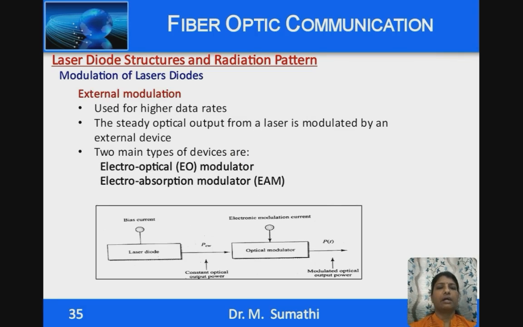In case of high data rates, external modulation is carried out. Here the steady output from the laser is modulated externally by an external device. There are two types of external devices available. One is the electro-optic modulator and the other is the electro-absorption modulator.